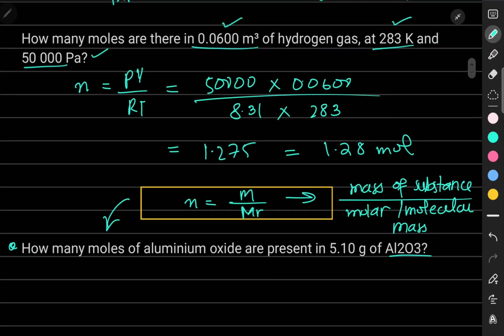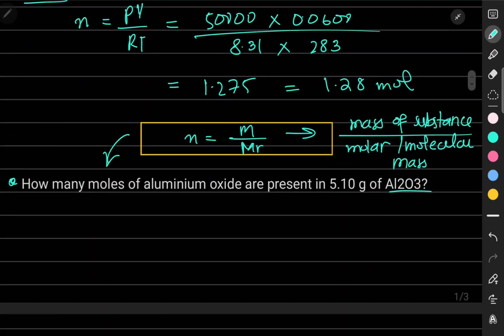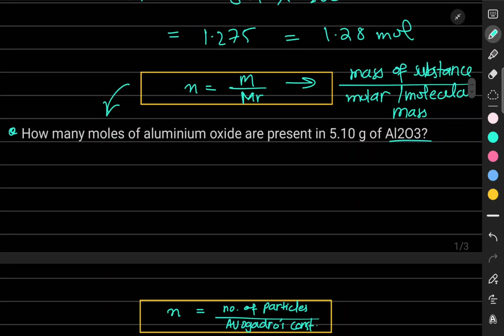Okay. So now in this question, we're going to be using this equation. We've already used it here, by the way. Okay, how many moles of aluminum oxide are present in 5.10 gram of Al2O3? All right. The first thing is going to be find the Mr. We do have the mass already, and we need to find the moles. So use your periodic table and find the Mr of Al2O3.